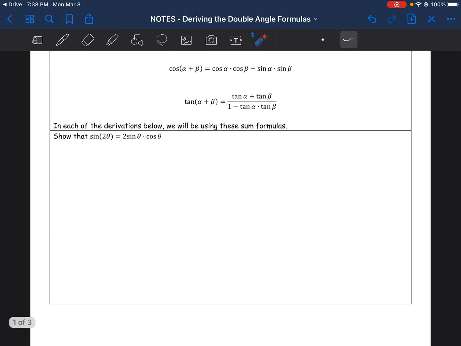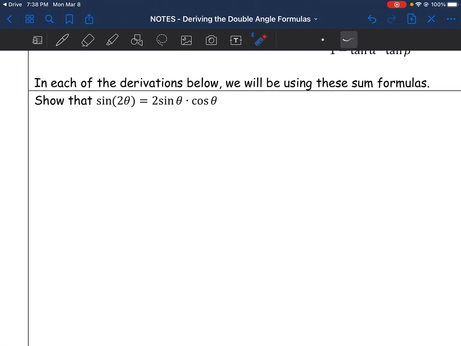So the first one that we want to prove is we want to show that sine of 2 theta is equal to 2 times sine theta times cosine theta. So the way that I'm going to approach this is I'm going to take sine of 2 theta and rewrite it as sine of theta plus theta. So I'm rewriting 2 theta as theta plus theta.